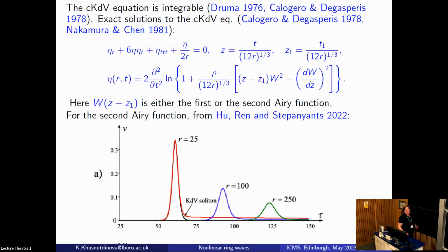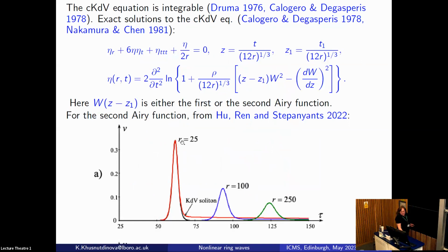CKDV equation, like KDV, is an integrable model. The Lax pair was found by Druma and independently by Calogero and Degasperis. And there are, for example, these analytical solutions where W is either the first or the second Airy function, and that's from the recent paper of Hurin and Stepanyans.